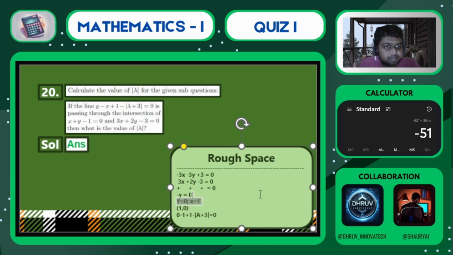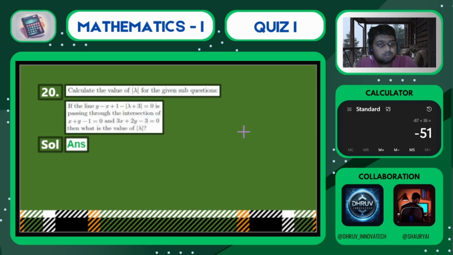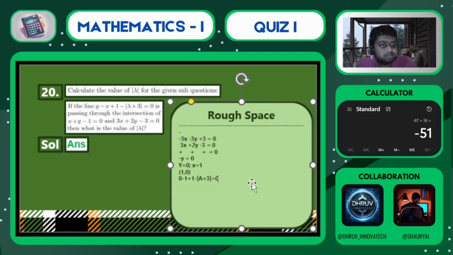Let me just enlarge this. So plus 1 minus 1 gets cancelled. Minus will go with 0 and it will get cancelled. So the mod will open and also it will get cancelled with 0. So lambda equals minus 3 is the solution.